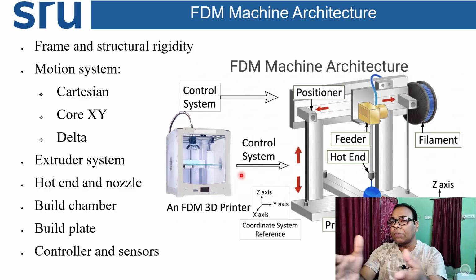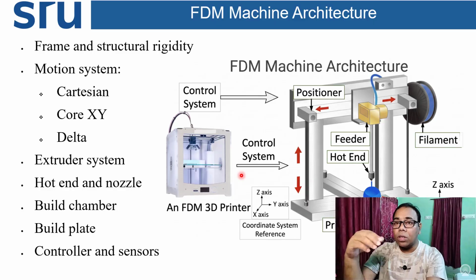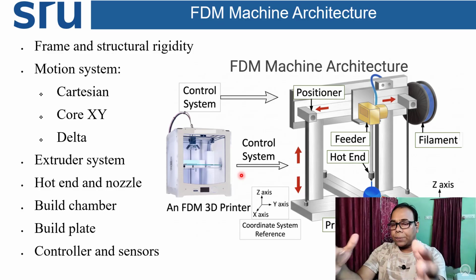Sometimes we have designed a small product but require something bigger. In that case, we can scale up to the maximum build chamber dimension, and with that dimension printing may happen.